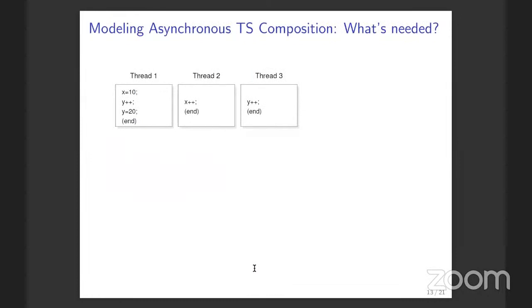Okay, so now let me show you the asynchronous composition. You would probably have already guessed, this is a little bit more liberal.